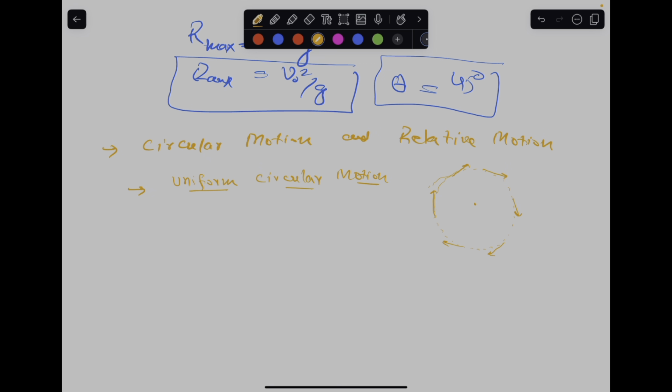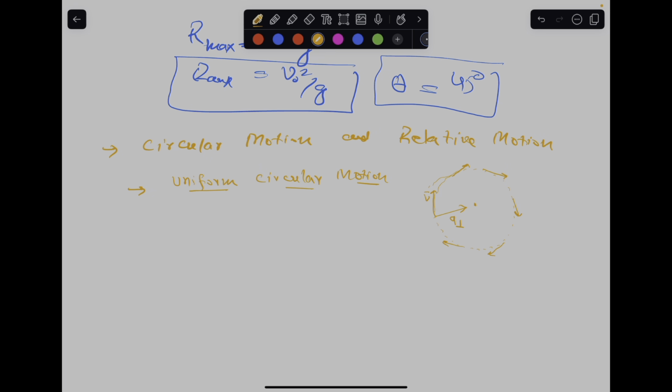And we learned earlier, when it moves with constant speed, it has only the component of acceleration which is along the radial direction, which is your perpendicular component. This is your velocity vector and this is your acceleration vector. So it is only the perpendicular component, which is directed toward the center of a circle. This acceleration is known as the instantaneous acceleration or the centripetal acceleration.